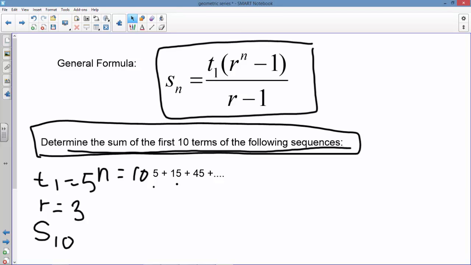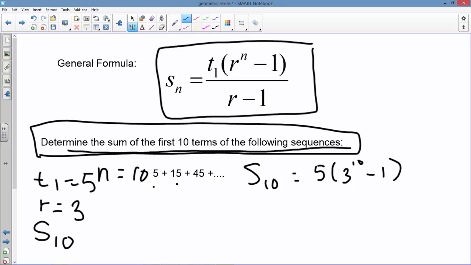And we write it down, and we say Sn equals. Now I want the sum of the 10th term, so I'm going to change the n to 10. So I'm going to say S10 equals T1 is 5, and then R is 3 to the power of 10 minus 1 over R is, again, 3 minus 1.